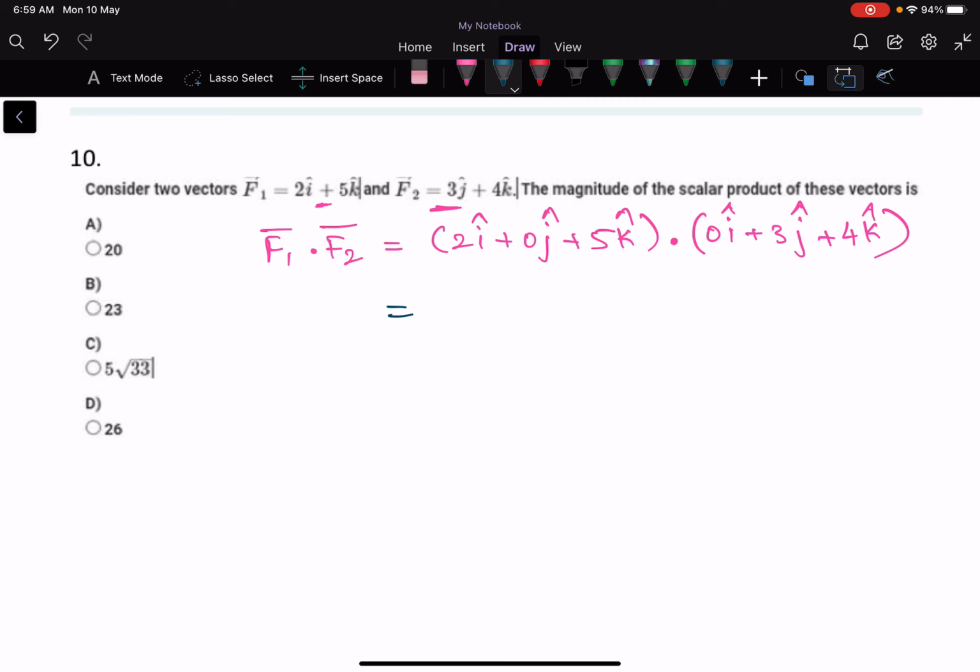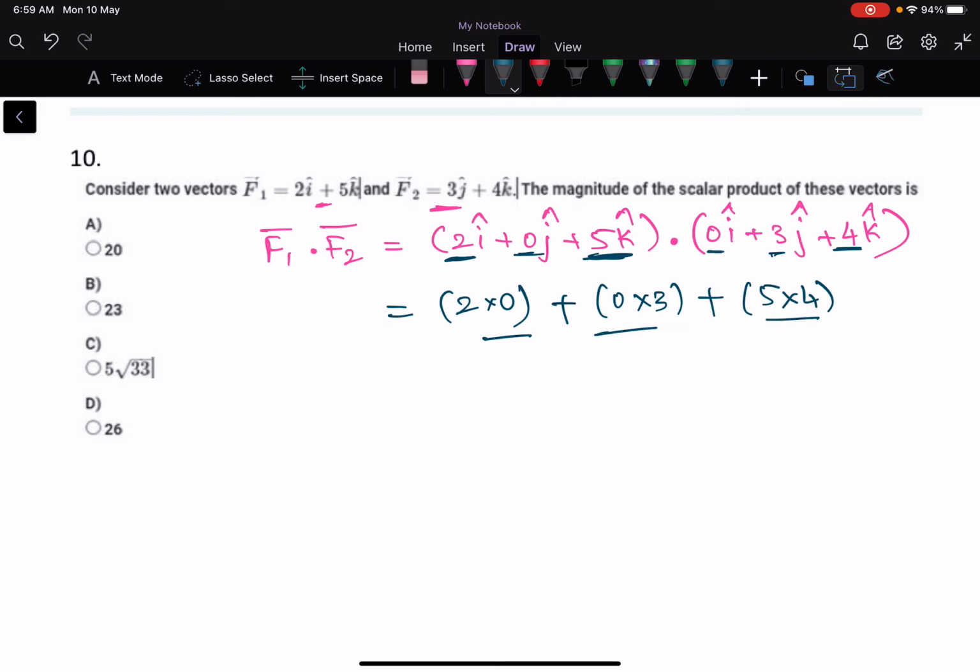That means we multiply the x components, 2 into 0, plus 0 into 3, plus 5 into 4. So 0 plus 0 plus 20. The final answer is 20.